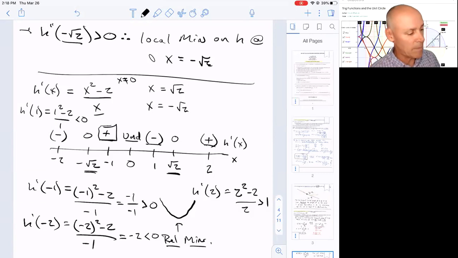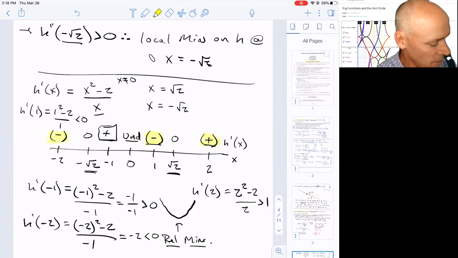I have the same thing I had here, where my derivative went from negative to positive. So again, we have a relative min also located at negative root 2.